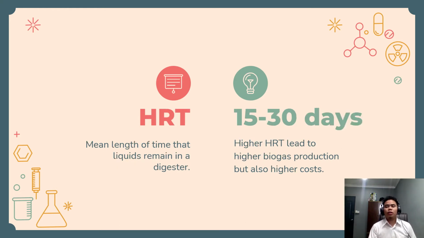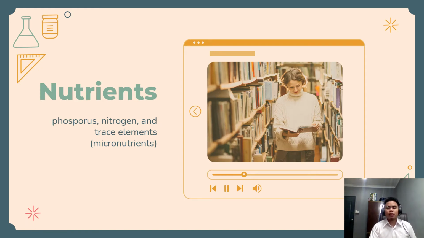Moreover, the hydraulic retention time is 15 to 30 days, where higher HRT means higher production of gas but higher cost of maintenance. Some examples of nutrients that are available for efficient biodegradation are phosphorus, nitrogen, and trace elements, which are micronutrients.